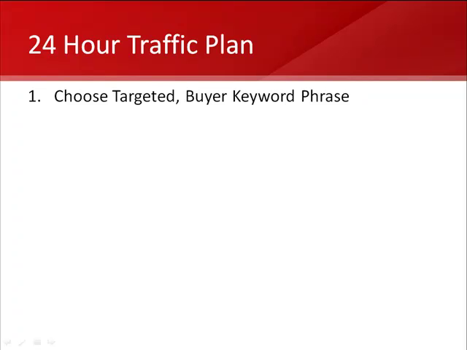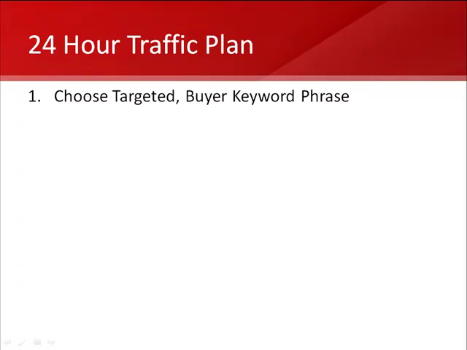And let's just say you are a lawyer in Chicago, Illinois. Your targeted keyword phrase would be Chicago, Illinois lawyer. Or if you happen to be a church in Stillwater, Oklahoma, it might be Stillwater, Oklahoma church, churches Oklahoma, churches Stillwater, Stillwater churches. That would be your targeted keyword phrase.